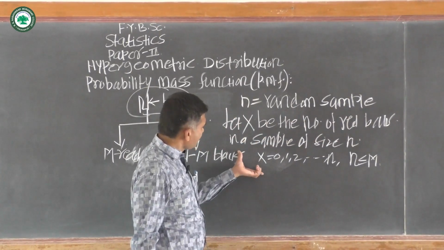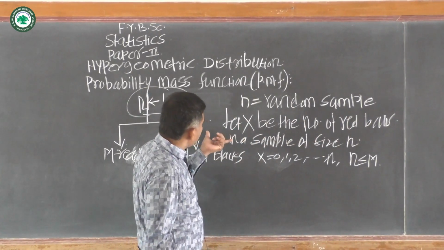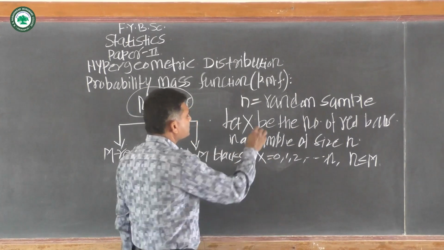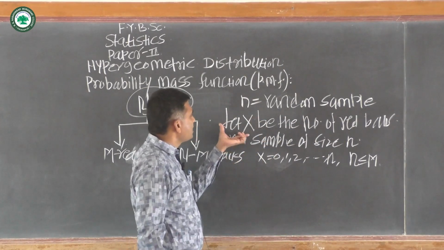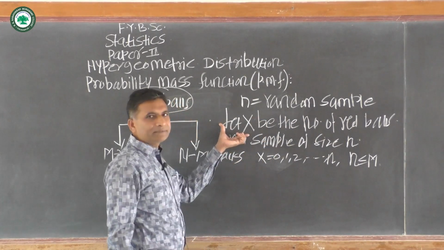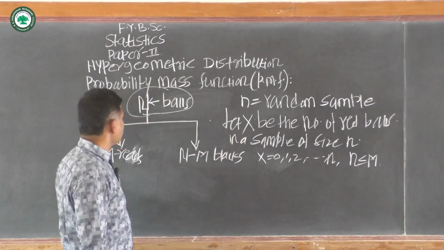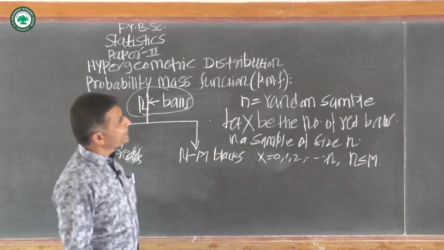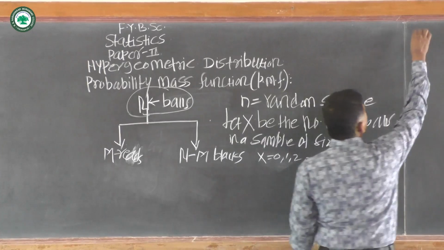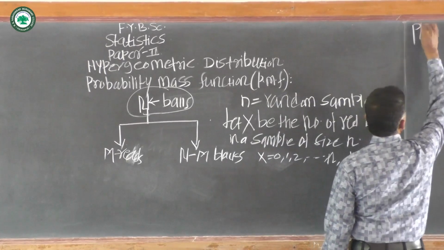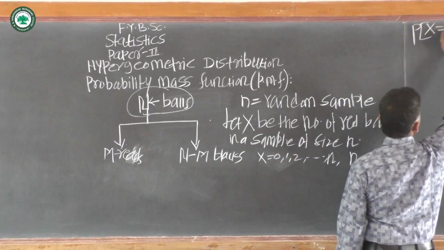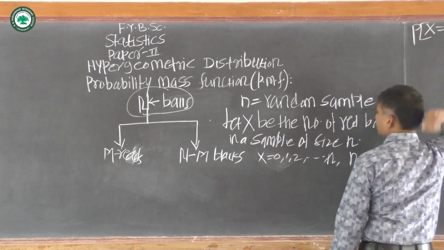Then the probability mass function of the random variable x is obtained in the following manner. Probability of x equal to small x.